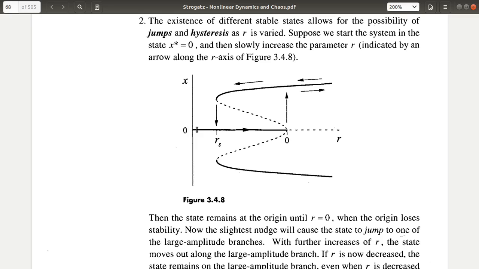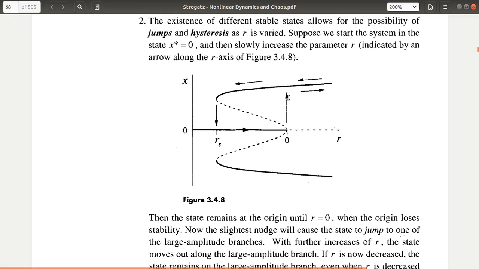So most probably I will have my X value at this point, right? And when I keep on increasing my R value, what's going to happen? I'll still stay here. My X is still going to have 0 value, but once I reach an R value above 0, a little disturbance could go either this side or this side. Maybe for illustration purposes, let me assume that it's going to go this side.